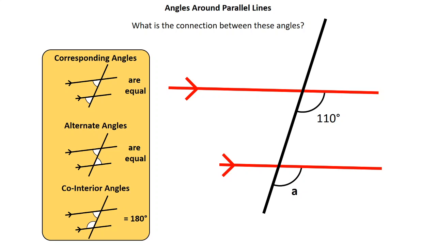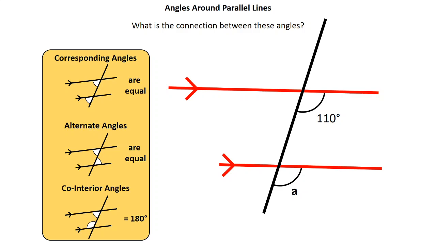I'm going to give you a countdown and you're going to check whether you got that right. So it's one of the three rules we've just looked at. As I said, sometimes called co-interior angles. Does the 110 and the A link together with corresponding angles, alternate angles, or co-interior angles? Commit. 5, 4, 3, 2, 1.